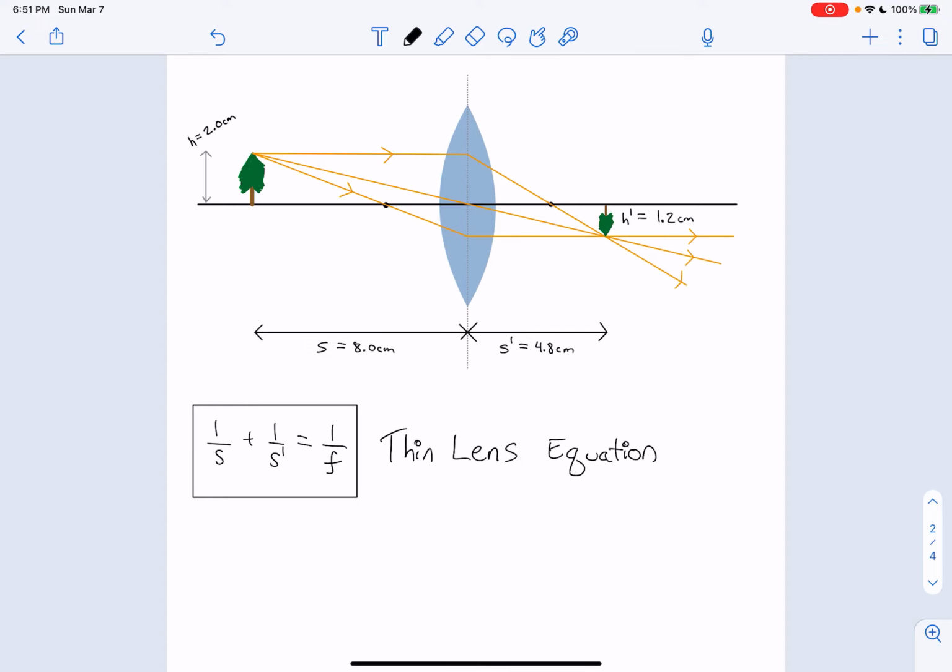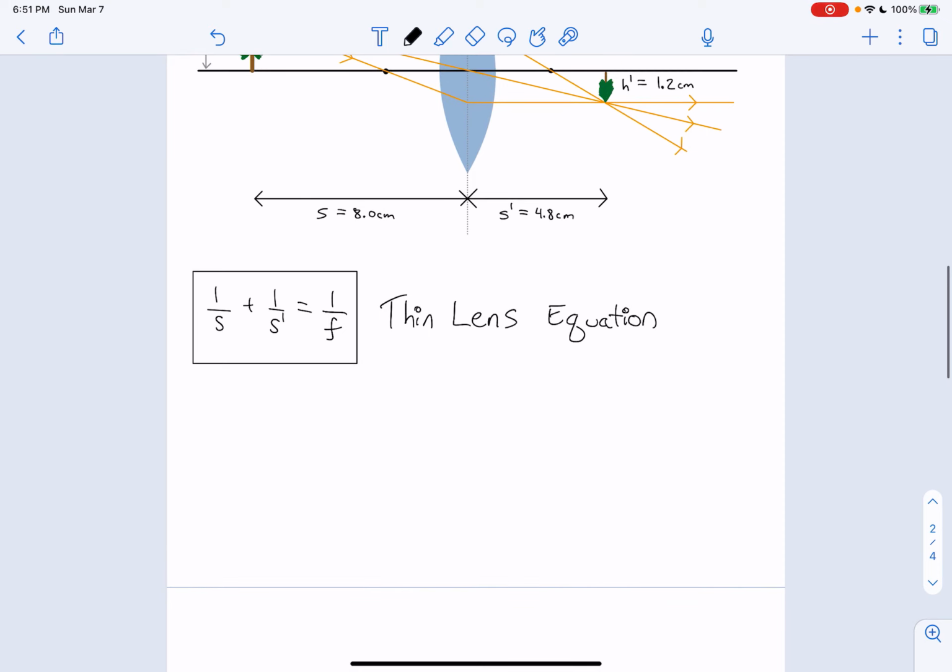So let's try this for this case. If we want to find the distance to the image, we can rearrange this equation to get S prime is equal to S F over S minus F. So in this case, we have an original distance of 8 centimeters times a focal length of 3 centimeters, and we have now 8 centimeters minus 3 centimeters.